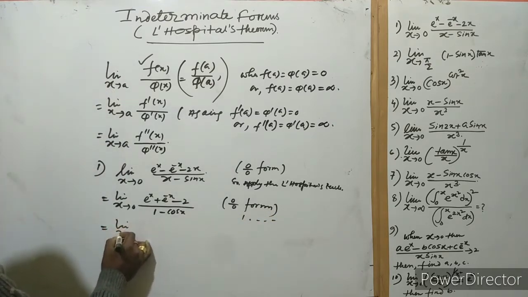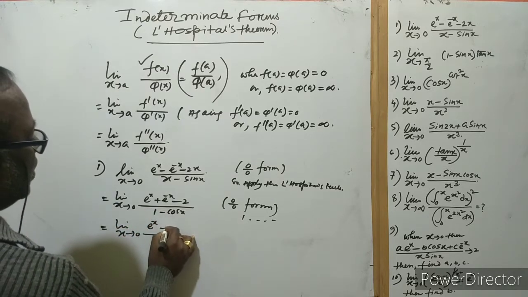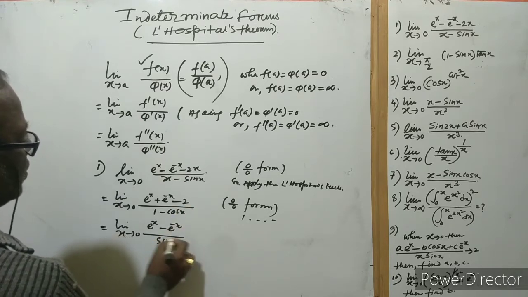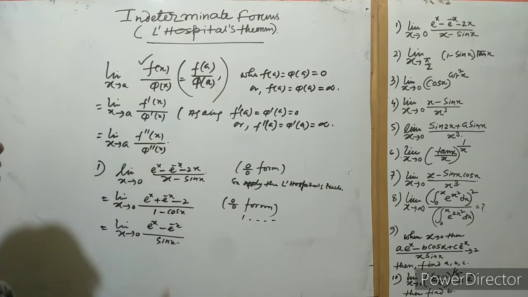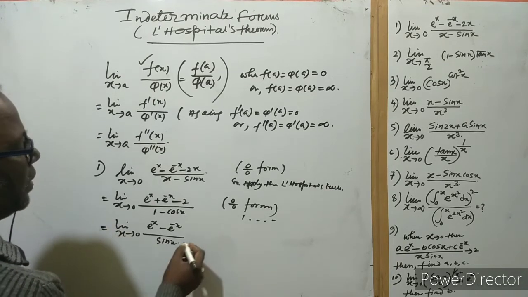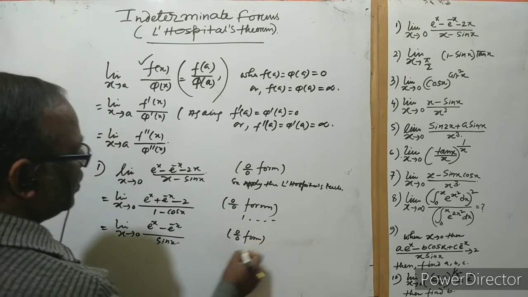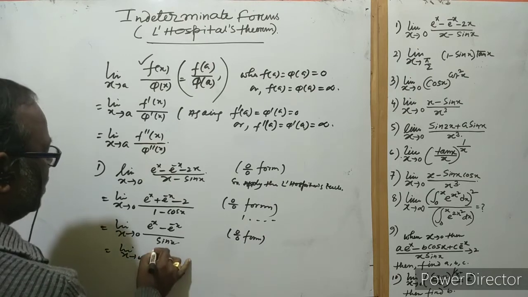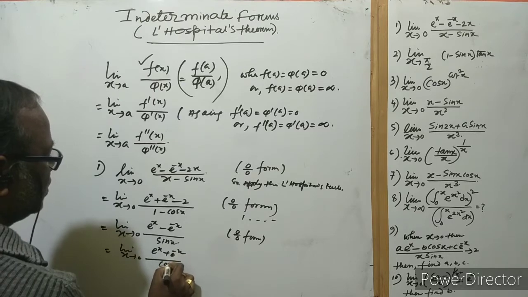The rule is to differentiate the numerator part and the denominator part. Again this is 0 by 0 form, so apply L'Hospital's rule: e to the power x plus e to the power minus x over cos x.